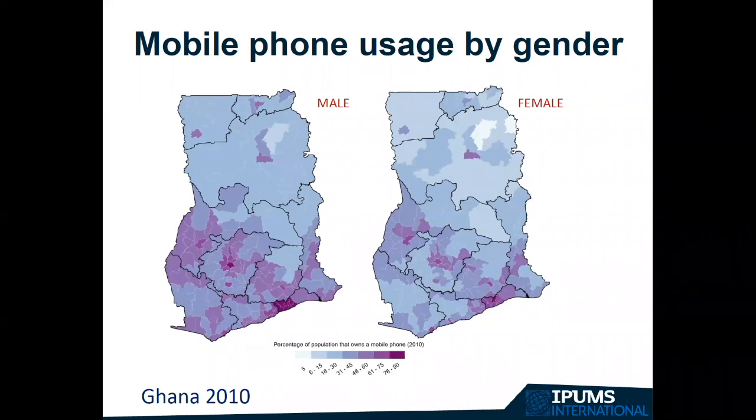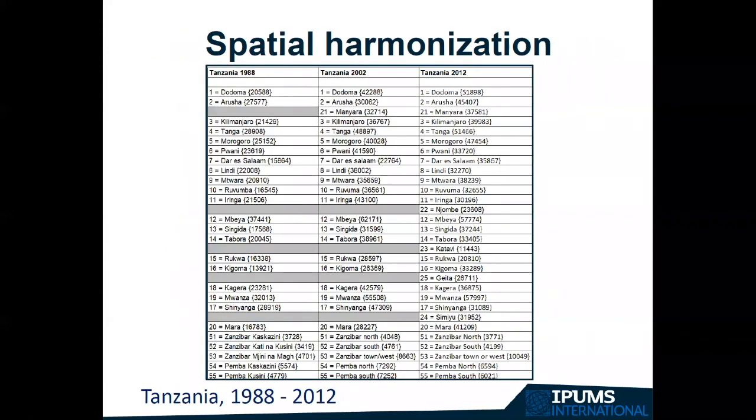So how do we disaggregate our results when there might be change on the ground? Spatially harmonizing geography is one of the primary jobs that the geography team does at IPUMS. So let's take Tanzania as an example. Here, we are looking at the regions of Tanzania in a tabular format from 1988, 2002, and 2012, and we are looking at this without a map.